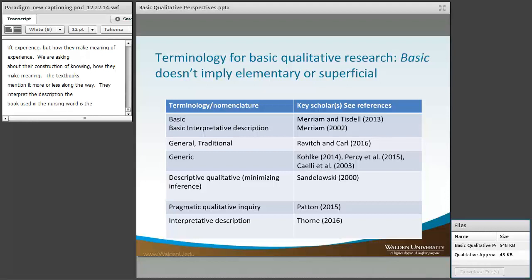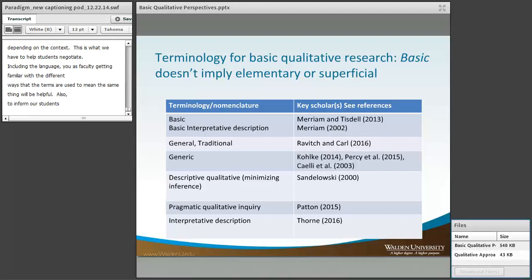Yeah, I do. And this is not atypical of nomenclature in qualitative research anyway, or I think in research anyways. Even in quantitative research, we'll use the same word to mean different things depending on the context, and then we'll use different words to mean the same thing depending on the context. So this is part of what we have to help students negotiate, and by including this language, you as faculty getting familiar with the different ways that these terms are used to mean the same thing will be helpful, and also to inform our students.